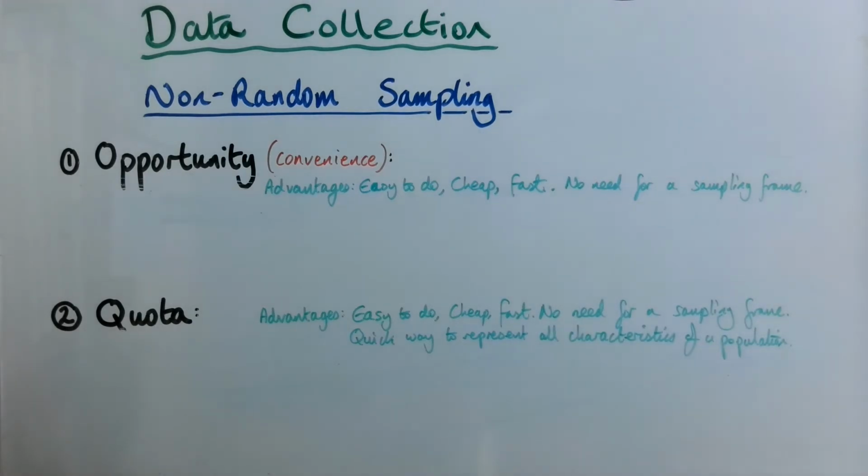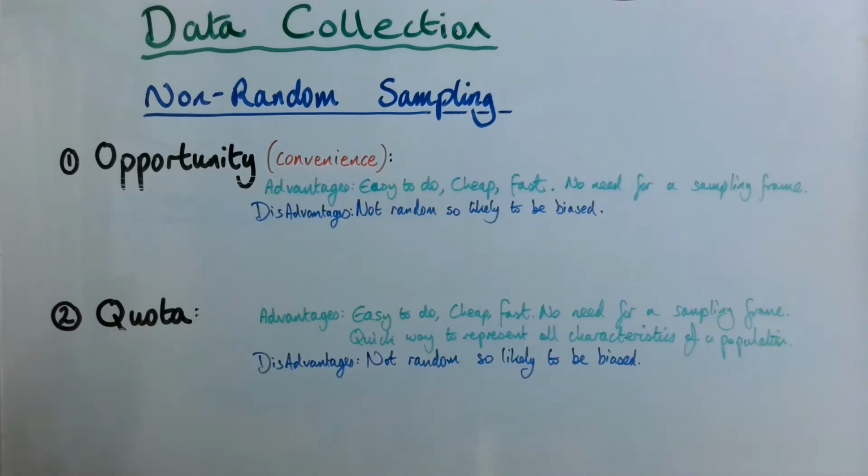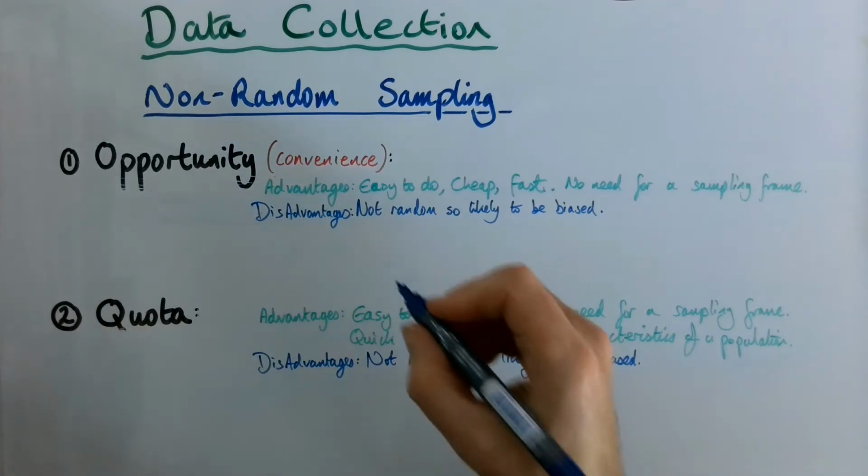Now the disadvantages are very, very simple too. They're both not random, so they can both introduce bias as a result. Now the next ones are slightly different, and they reflect the difference in what's going on. The other disadvantage of the opportunity one is that it's unlikely to be representative.